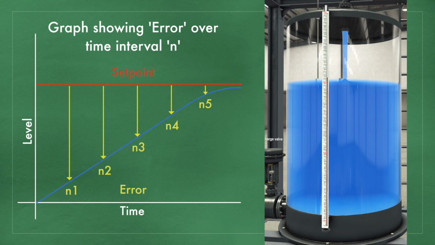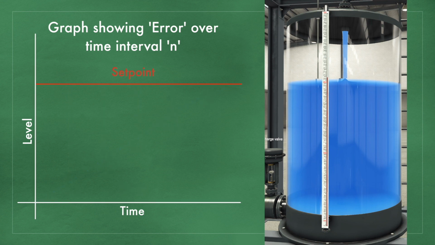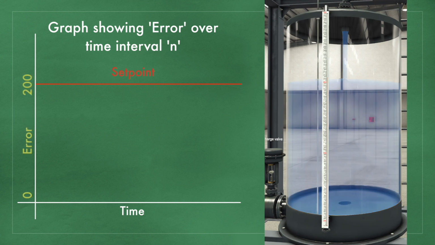So let's remove the existing plot and replace the text saying level with error and add in the value of 200 for the set point and 0 for the base. Now let's start filling the tank again while keeping everything else the same on the graph.